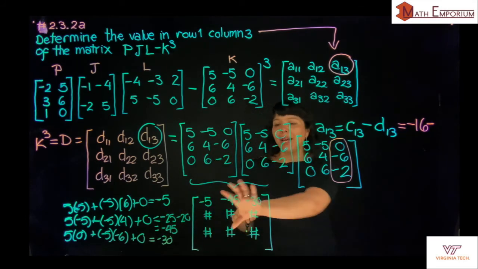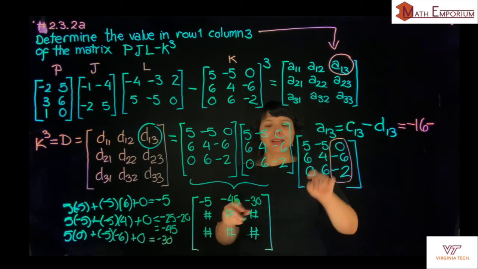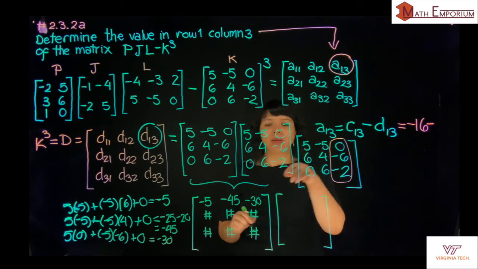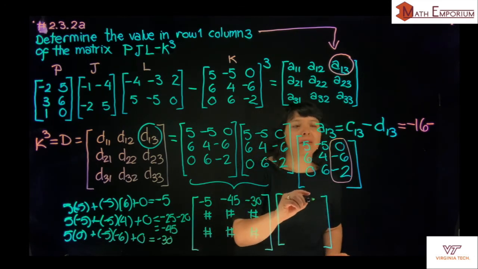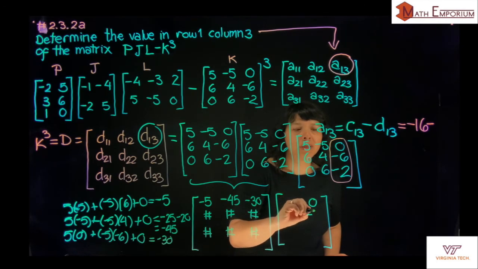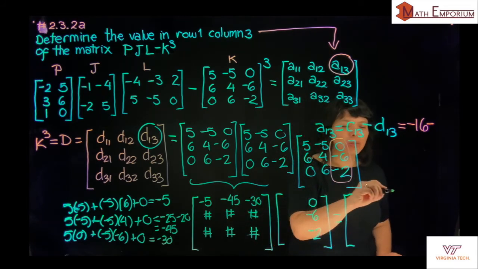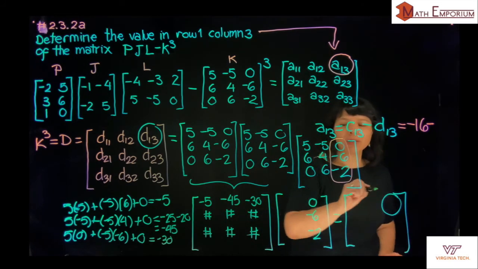Okay, so I have this one, and the last thing that I'm going to do is multiply it. And again, like I said, the only thing that I care about is this last column, so I'm just going to copy that one. And these two are going to give me the last position that I was looking for.